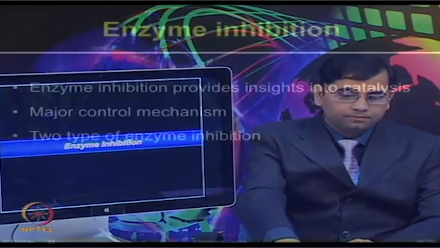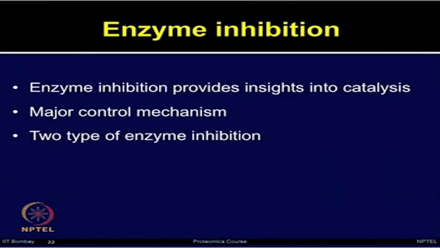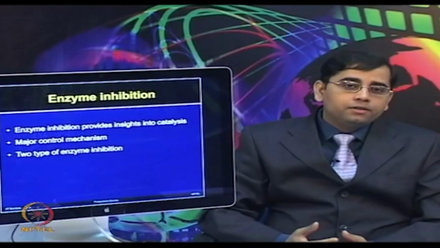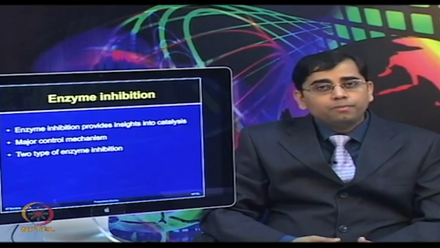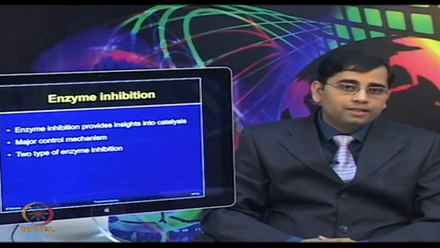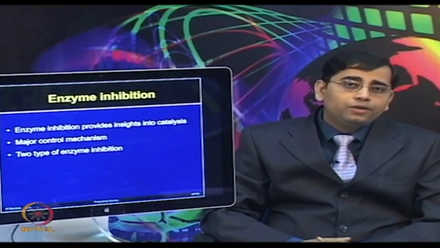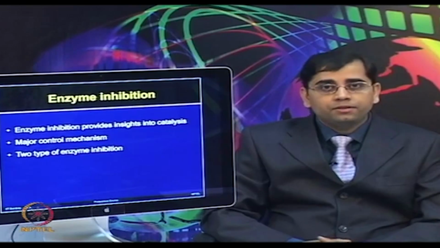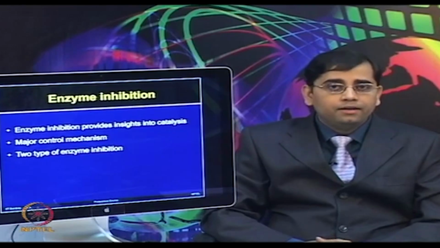Enzyme inhibition. The study of enzyme inhibition can provide insights into catalysis. Enzyme activity can be inhibited by small molecules and ions. Enzyme inhibition provides a major control mechanism in biological systems. There are two types of enzyme inhibition: reversible and irreversible.